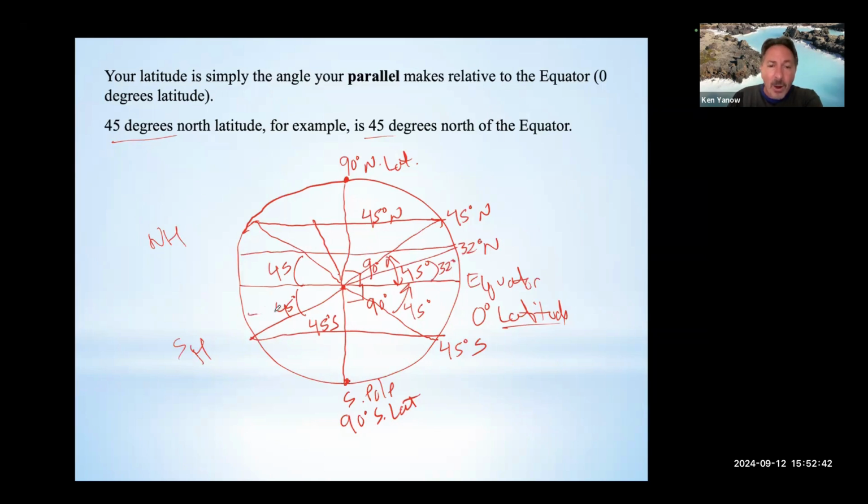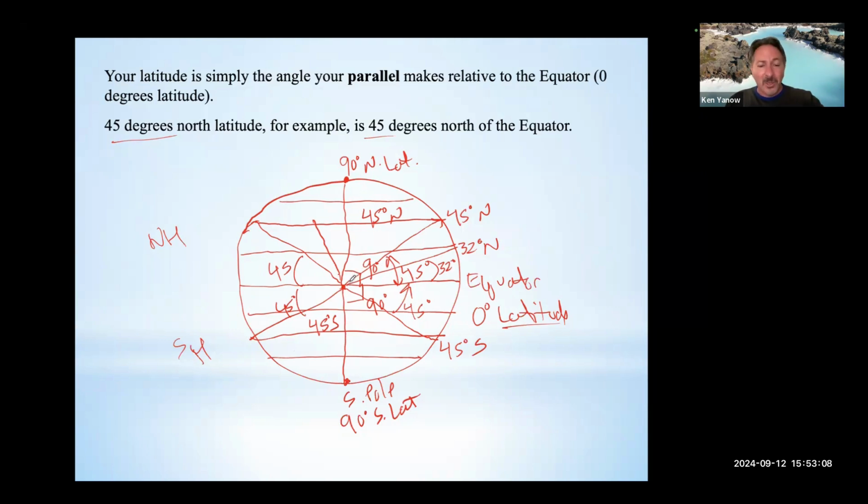These are called parallels, by the way, because all these lines of latitude are parallel to one another. Hence the name parallel. So that's how we know what our latitude is. You're either north of 0 or you're south of 0. And whatever angle you make with the equator, that's what your latitude is.